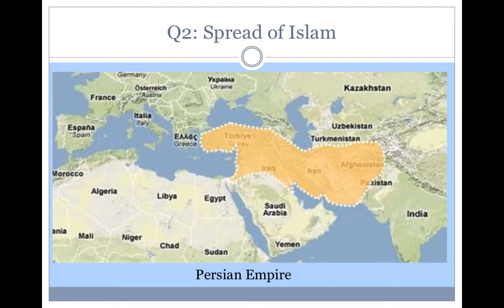Islam began expanding from the Middle East, further eastward, into parts of the Persian Empire. And the Persian Empire is at the bottom of the screen for you.